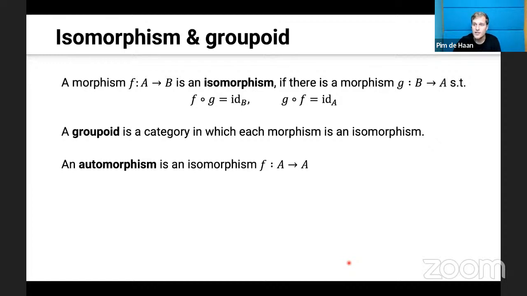Groupoids are a class of categories in which all morphisms are isomorphisms. And these are of crucial importance for geometric deep learning, because basically they describe symmetries. They describe when certain objects are essentially the same and thus should be processed by our neural networks in equivalent ways.